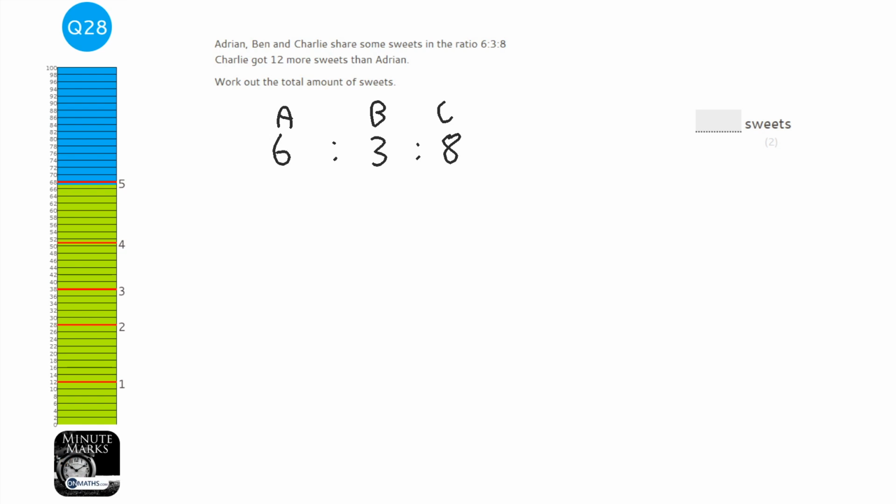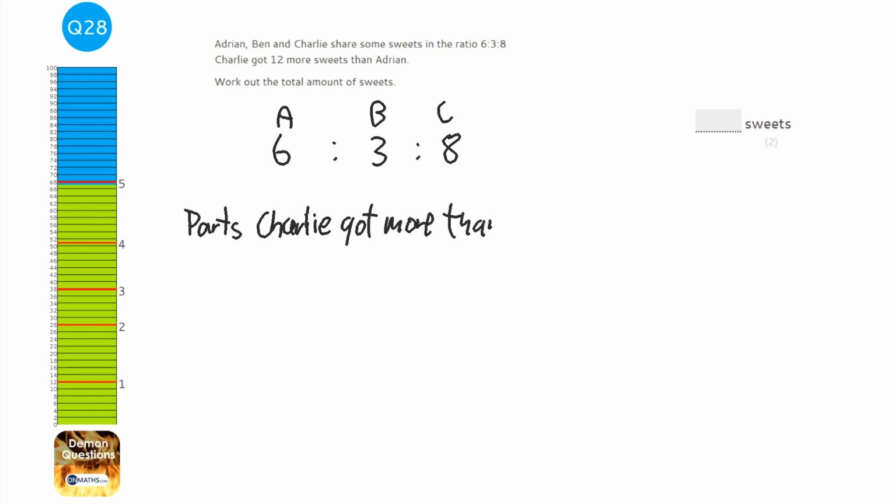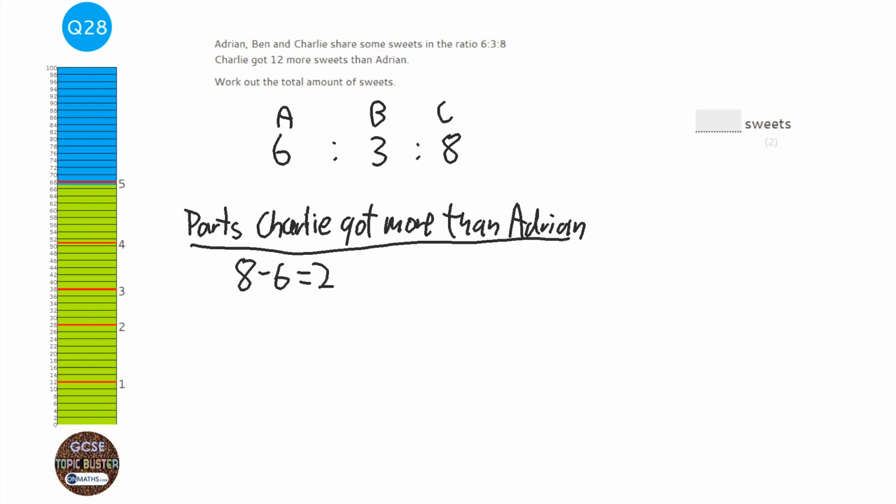Well, first of all, let's have a look and see how many more parts Charlie got more than Adrian. Okay, so he got 8 take away 6 is 2. So he got 2 more parts.